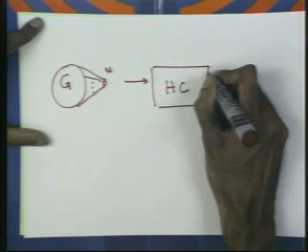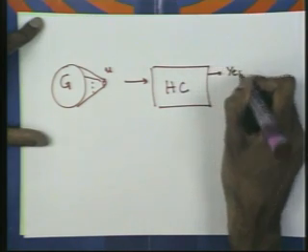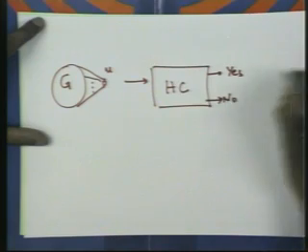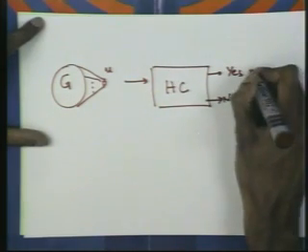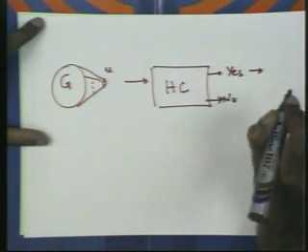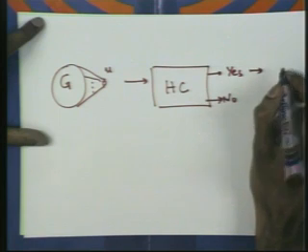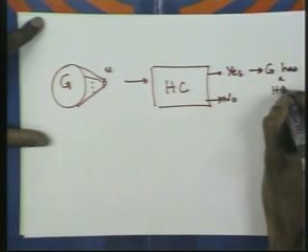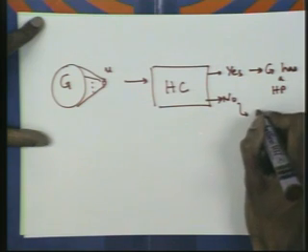Now HC could say yes or no. So what I'm going to do is, if HC says yes, then I'll also say yes. The graph G has a Hamiltonian path. If it says no, I'll say G does not.